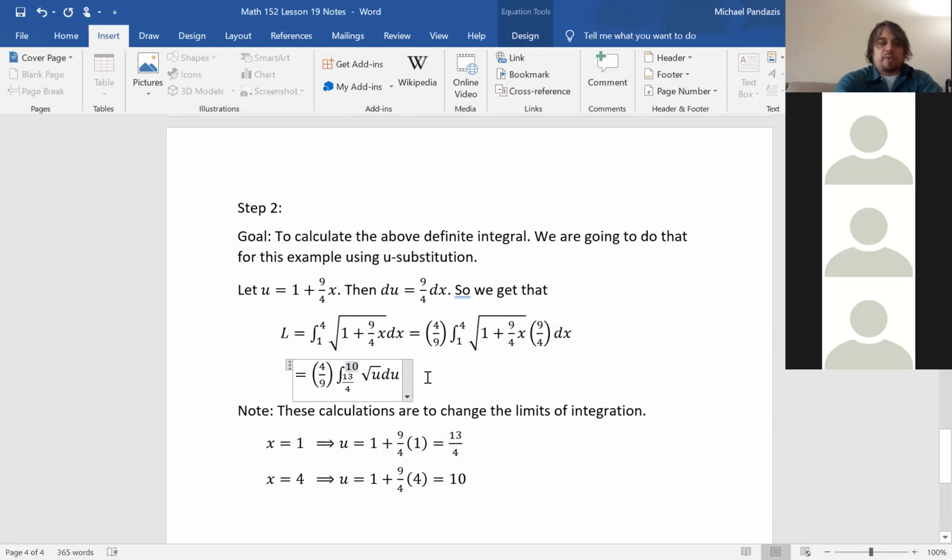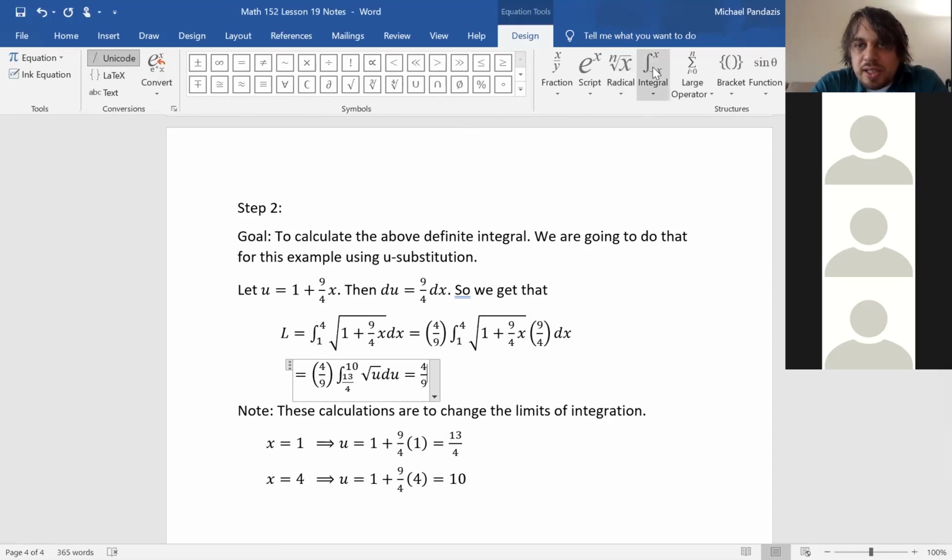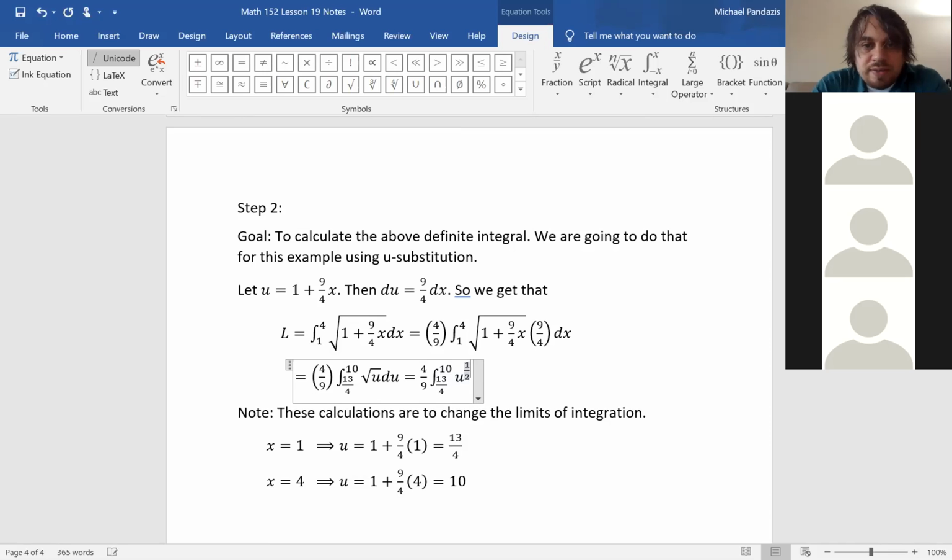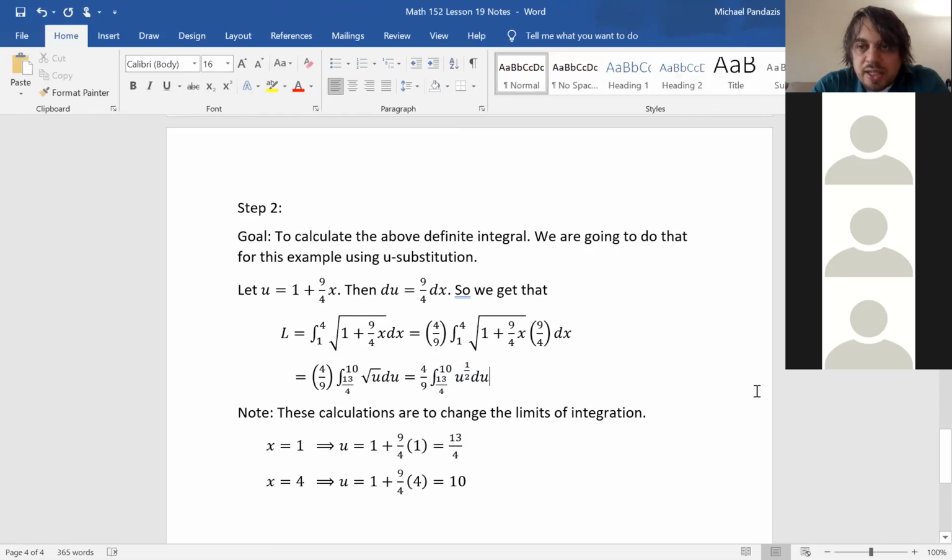And now we substitute the corresponding values of u. So this is now equal to 4/9 times the definite integral from 13/4 to 10. I'm just going to write this in exponential notation, u to the 1/2 du.